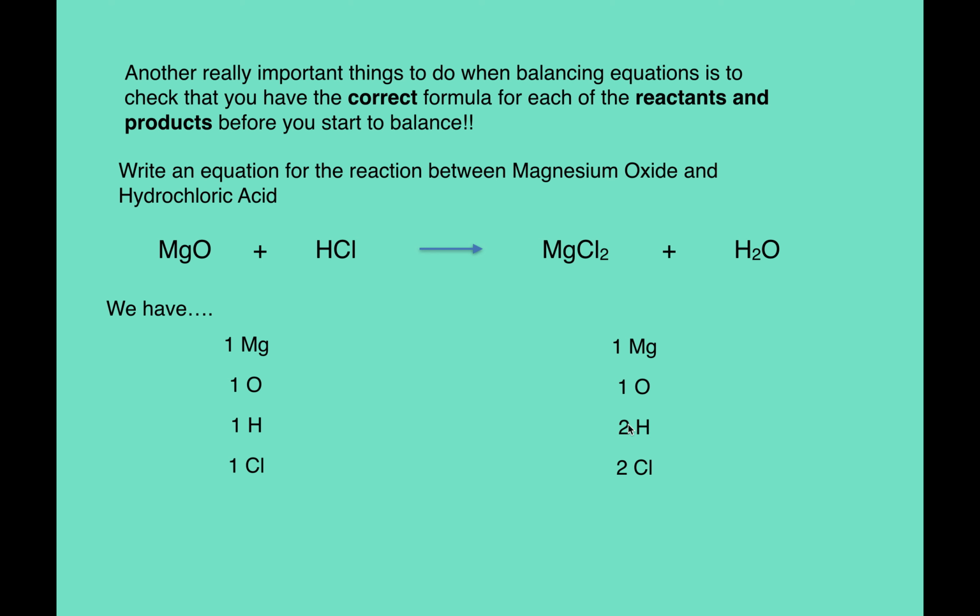We need more chlorides on the left-hand side so that these two sides balance. The way to do that is to put a number in front of the hydrochloric acid. Now, if we need 2 of each of these, then that number is going to have to be a 2. So now we've got 2 hydrogens, 2 chlorides, and everything balances out.